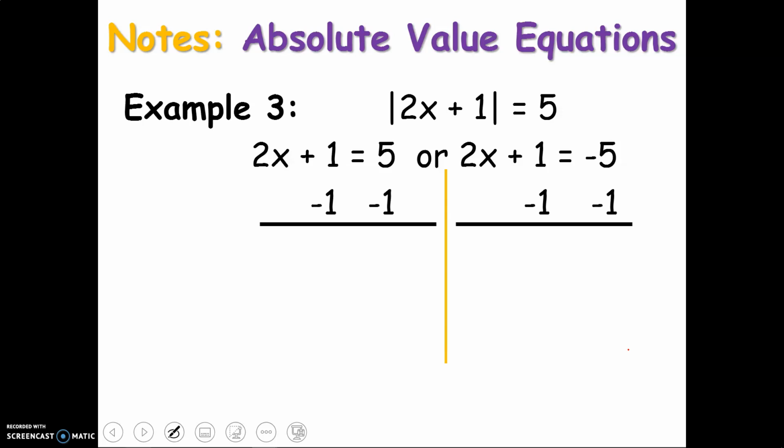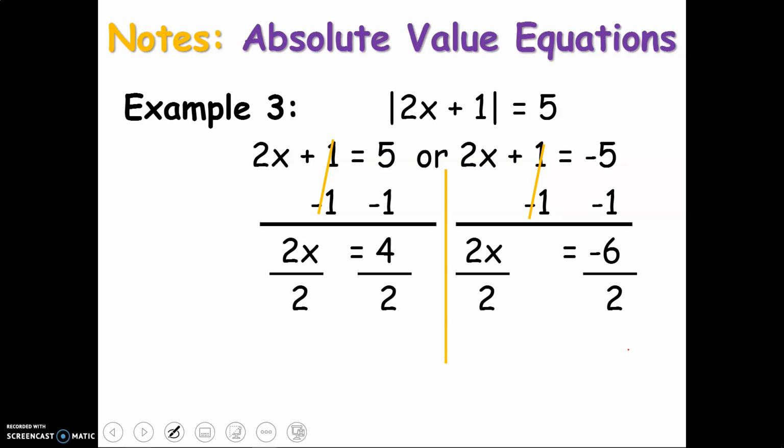This gives us 2x is equal to 4, or 2x is equal to negative 6. Then, dividing both sides of the equations by 2, we get x is equal to 2, or x is equal to negative 3. So our solutions are 2 and negative 3.